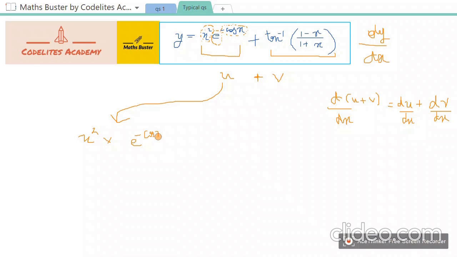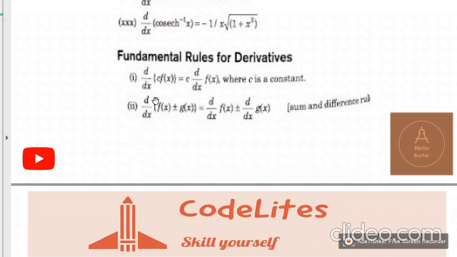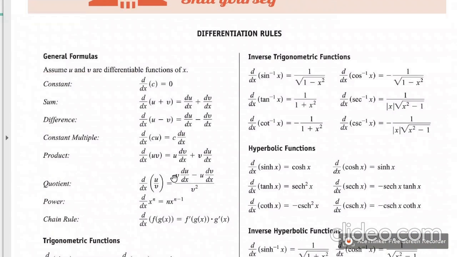So we will apply the derivative of u into v, the uv rule. Two functions are multiplied here, whereas there they were added. So what is the uv rule? For u into v, you leave u alone first and take the derivative of v.